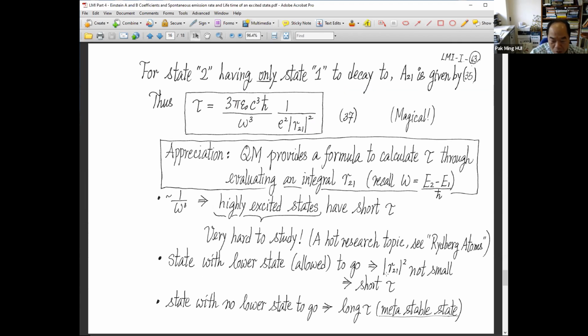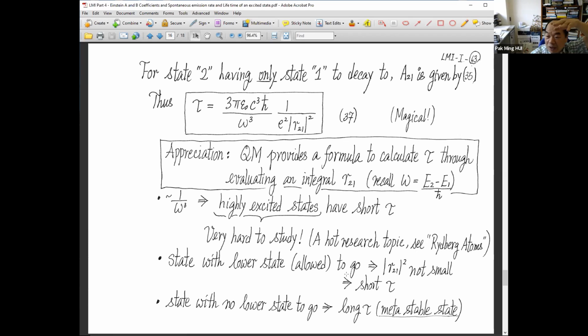So one more comment is that usually if you have an allowed transition to a lower energy state, that will mean spontaneous emission will occur rather readily.